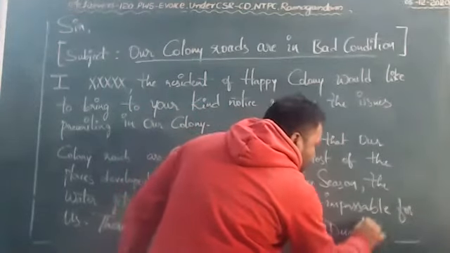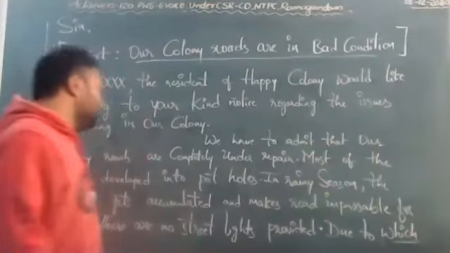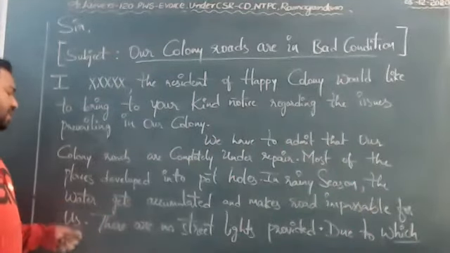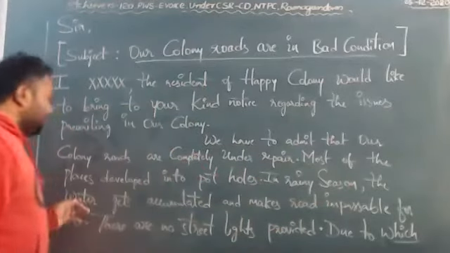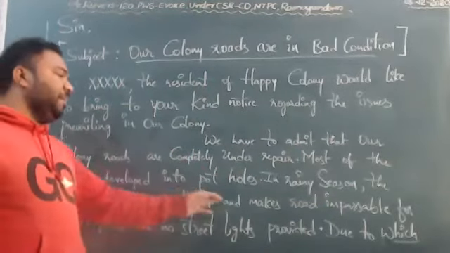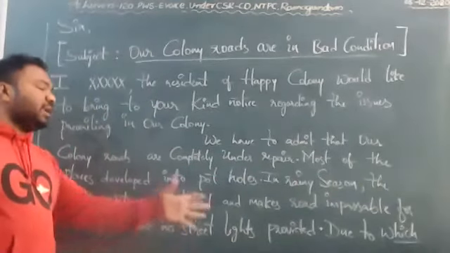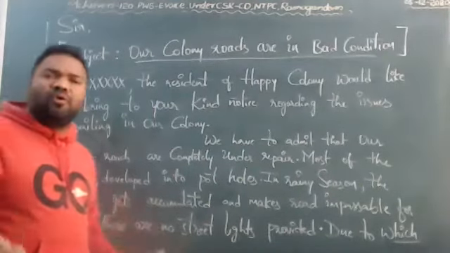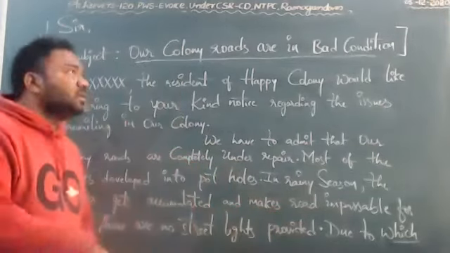Due to which, see, listen. In rainy season, the water gets accumulated and makes the road impassable for us. There are no street lights provided for us. Due to which, what happens?